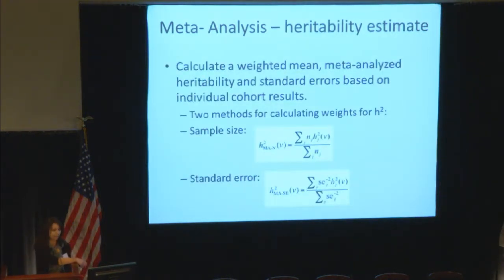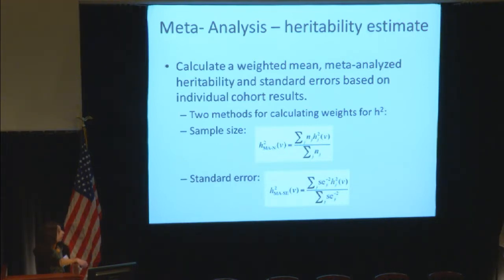So what's a meta-analysis then? Here, we calculated the heritability in each group, as I mentioned, and got the standard errors based on the individual cohorts from SOLAR. And we calculated meta-analysis 2 different ways.